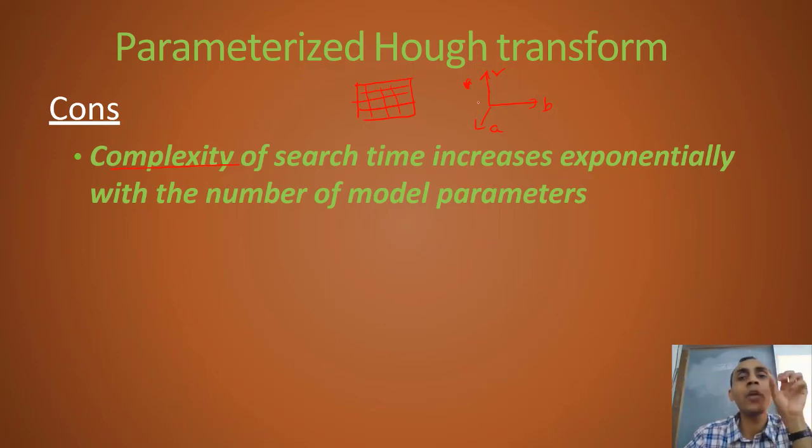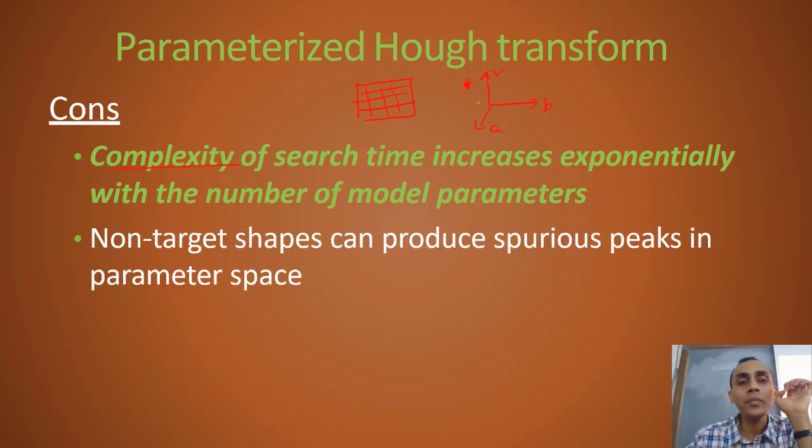Not only the memory requirement, but searching within that Hough space for the bins with peak values becomes a little problematic. And even some noise, or non-target shapes which may not be, for example, a line but just almost approximate a line, can also produce spurious peaks.